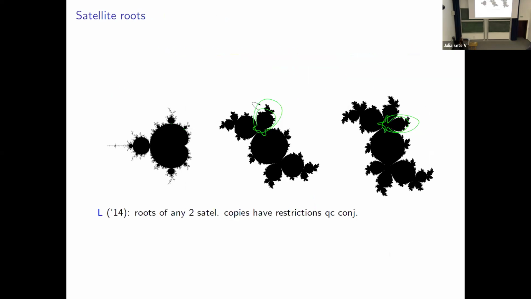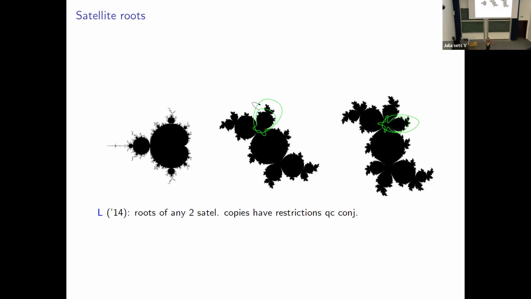Just a remark about the parabolic roots: they all have the same dynamics. You can construct another kind of restriction that is not polynomial-like. You can call it parabolic-like. And you can prove that there is a restriction around the root such that they are all hybrid equivalent.